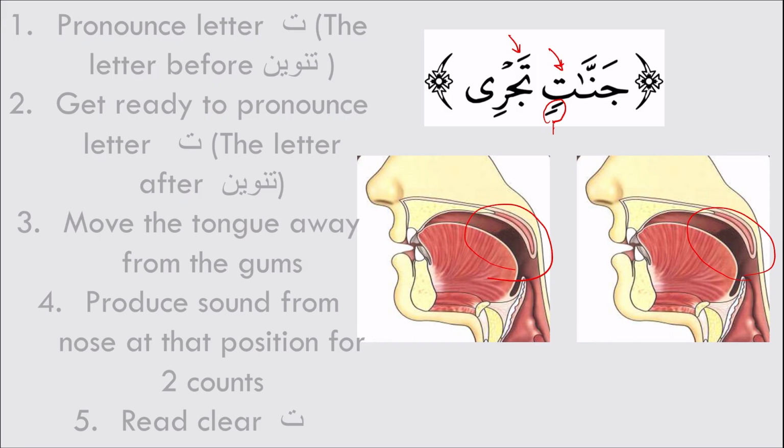So it will be jannatin, tint, not tint. It will be 2 counts. Tinta, jannatin tajri, jannatin tajri min, like this.